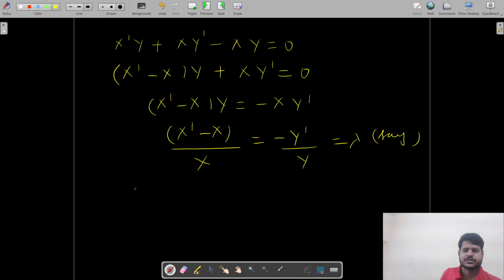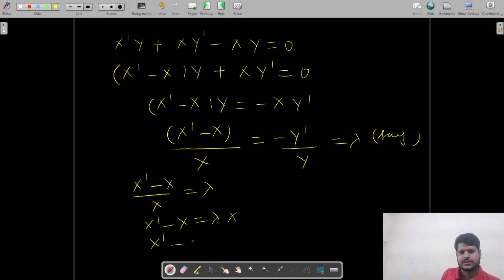Now we'll take first X dash minus X upon X equal to lambda. So this can be written as X dash minus X equal to lambda X, right? So we get X dash minus X minus lambda X equal to 0.